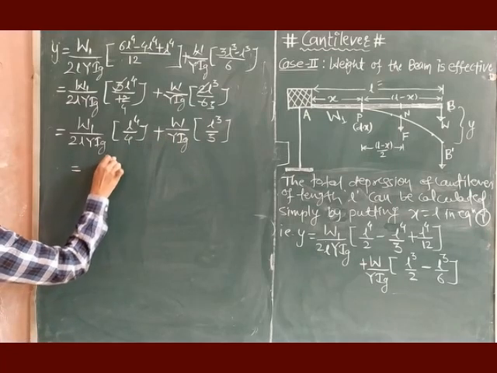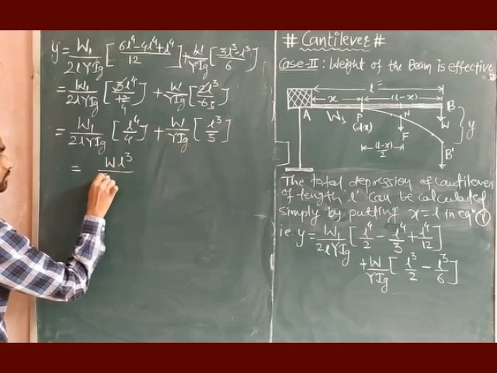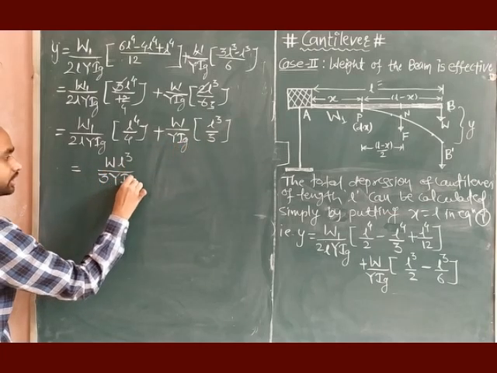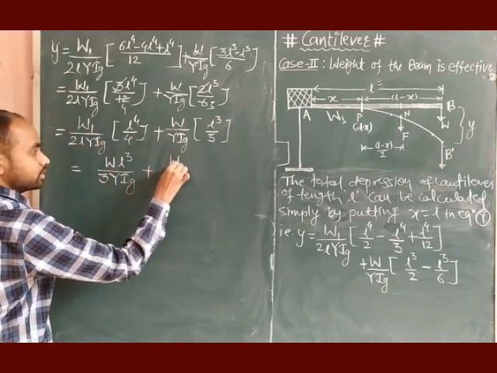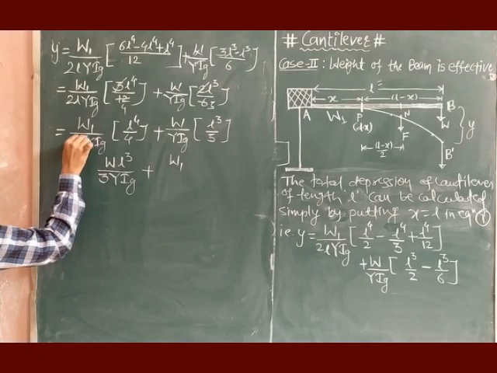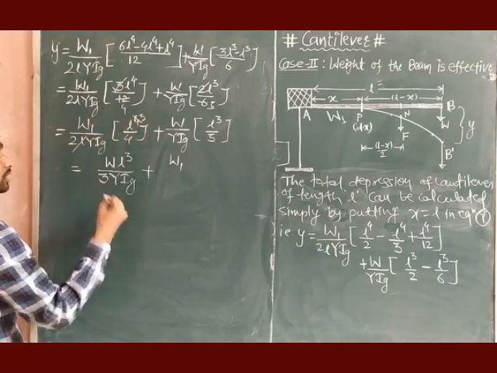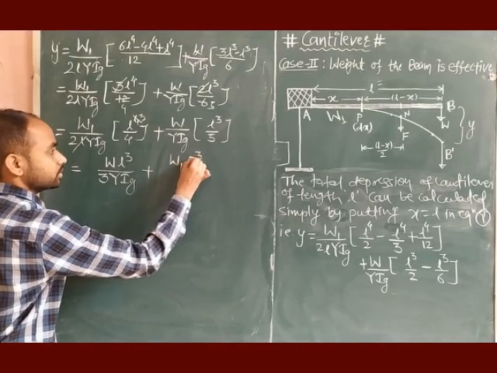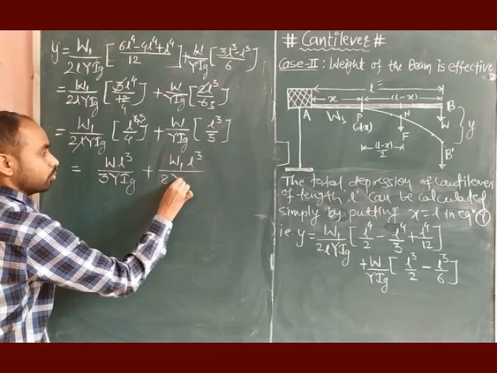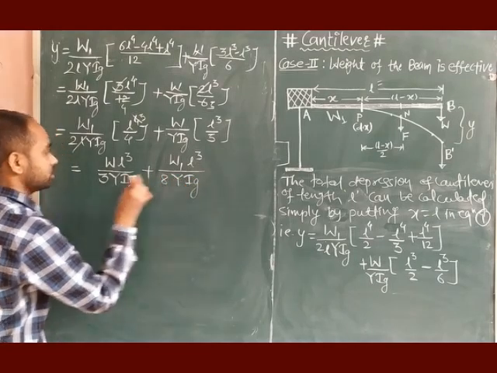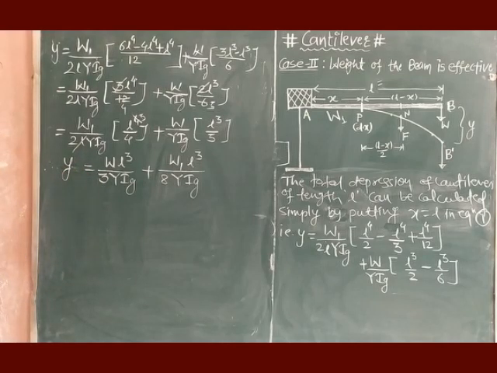So W L cube divided by 3YIG plus W1, or 1 L we can cancel here, L into L power 4, what remains is L cube. So W1 L cube divided by 4 into 2, 8YIG, and what is this? This is the total depression of the beam.